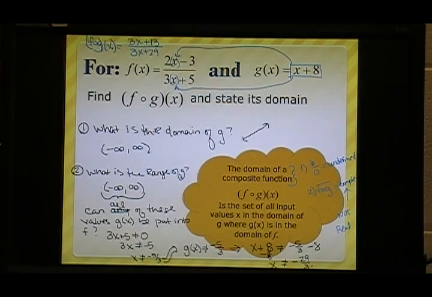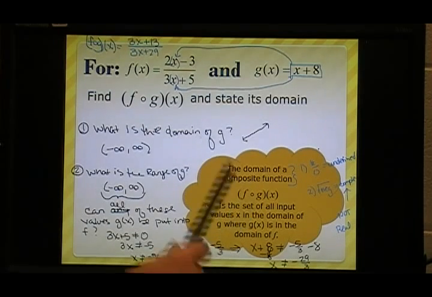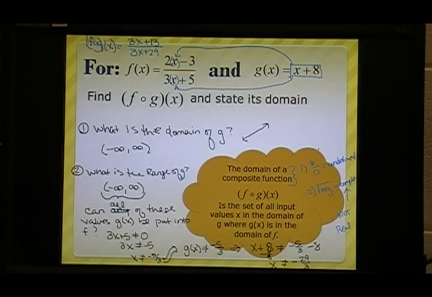Okay? So, what is the domain of my composite function? My domain is all real numbers except negative 29/3.